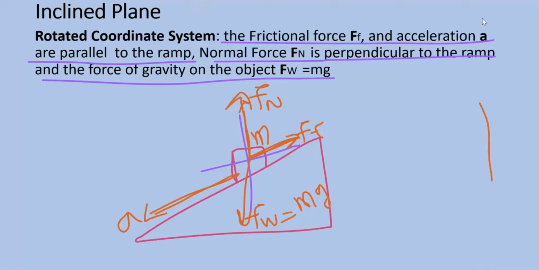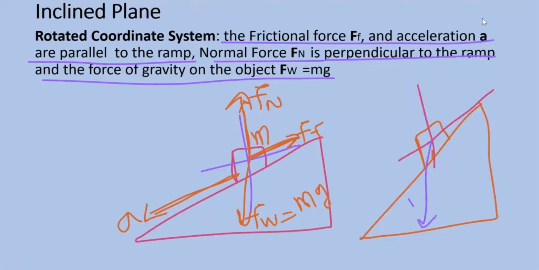Let me draw this again. It's an object on the ramp. Then the mg, since this is the x and the y axis, and here is the mg.